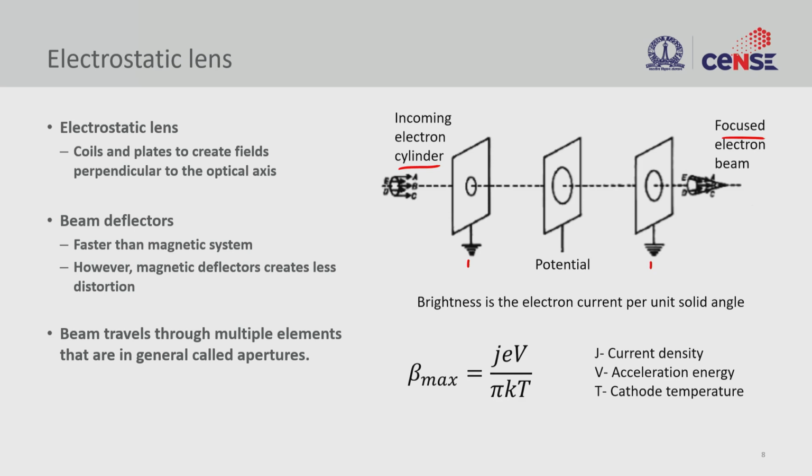We use the same configuration for beam deflectors and so on. These electrostatic lenses could also be used as a beam deflector, where you apply a certain amount of voltage to deflect the beam outside the optical axis. So this is the optical axis.